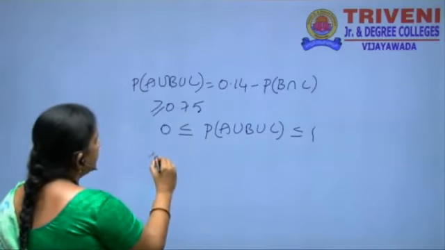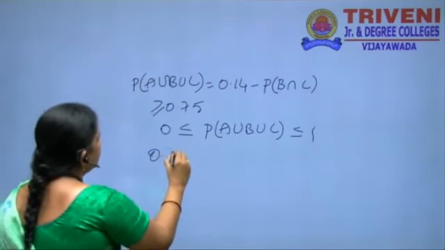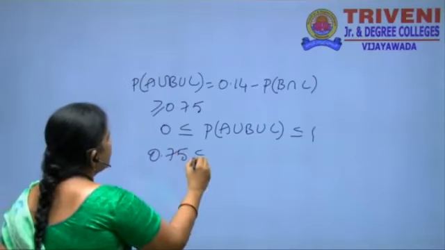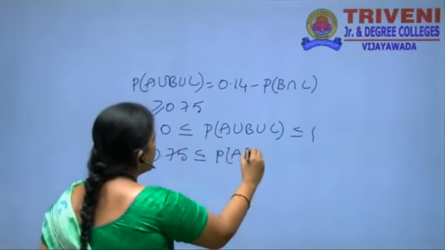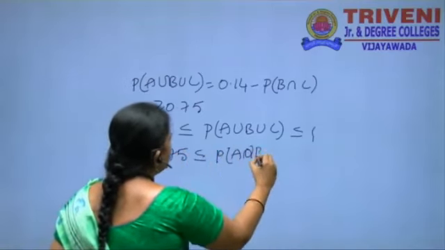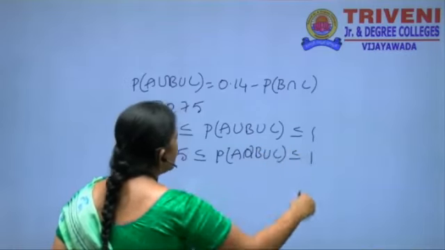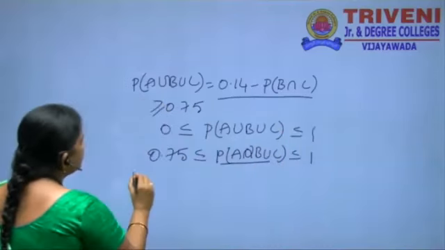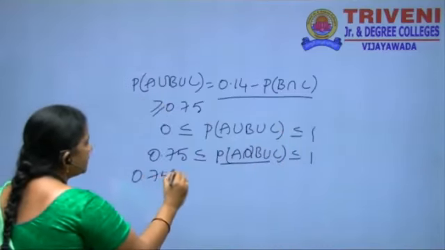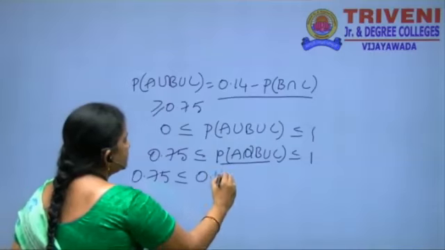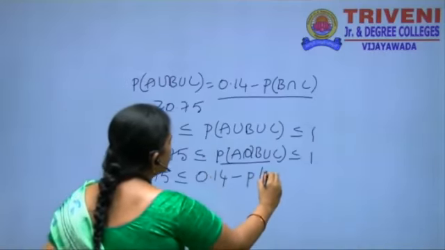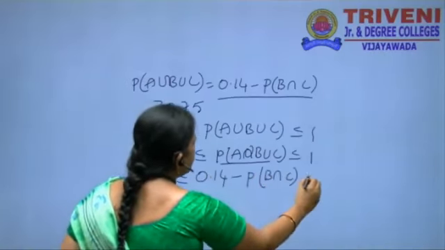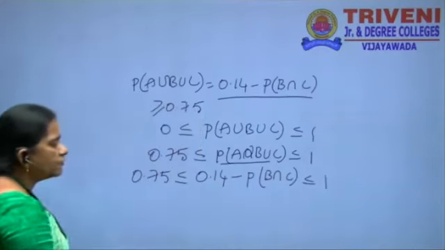Then it can be written as 0.75 is less than or equal to P of A union B union C is less than or equal to 1. Then substitute the value of P of A union B union C here: 0.75 less than or equal to 0.14 minus P of B intersection C less than or equal to 1.